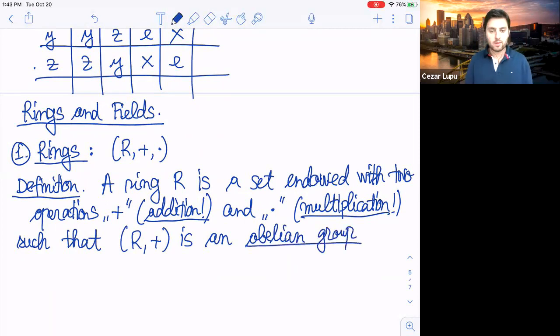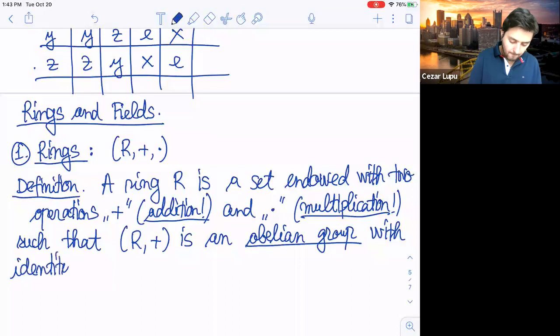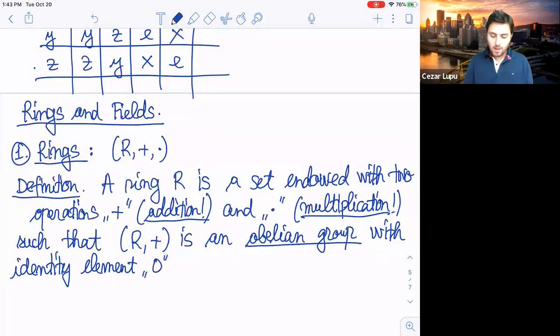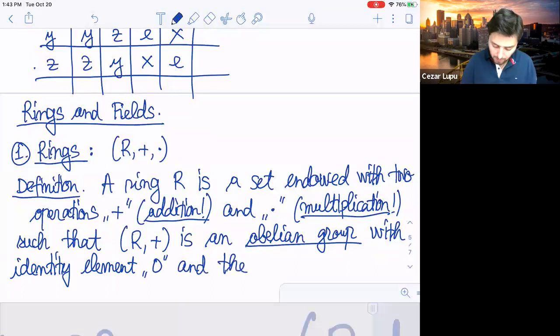It's a group that is commutative with identity element 0, so we'll denote it by 0, right? And the multiplication satisfies the following associativity and distributivity properties.